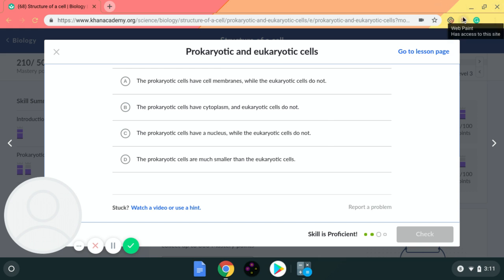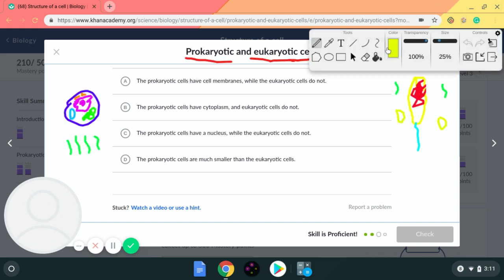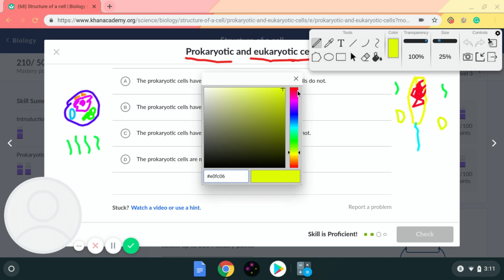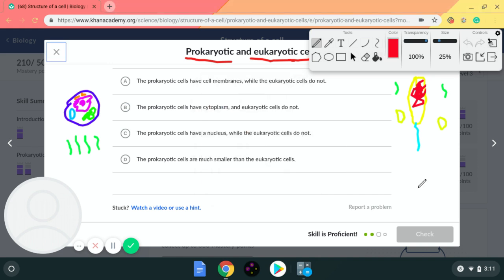Now, this last one is true, and let me explain something about cells. Cells have a volume to surface area ratio because volume allows them to do tasks inside the cell, while surface area allows them to get rid of materials, interact with their outside environment, and so on.